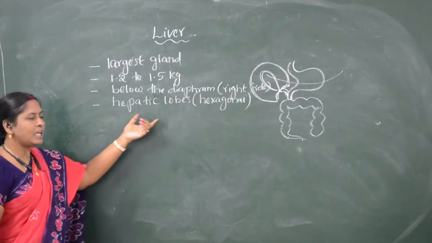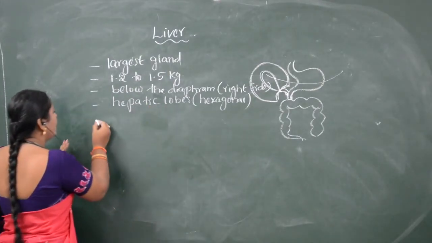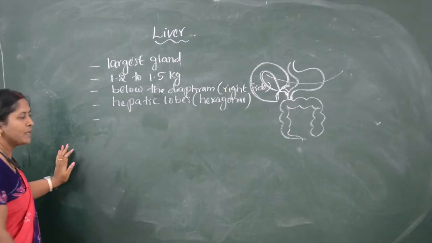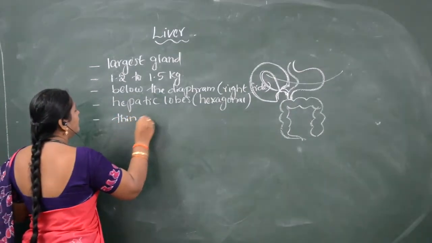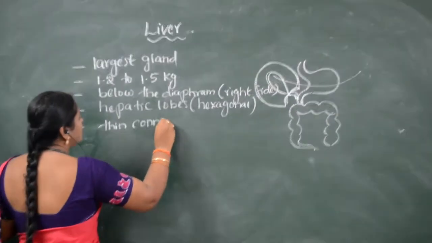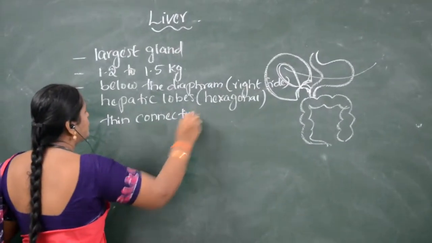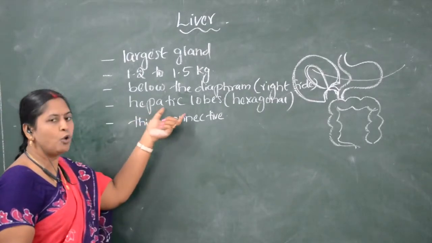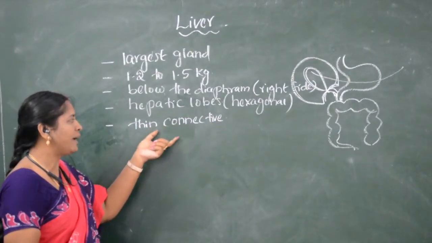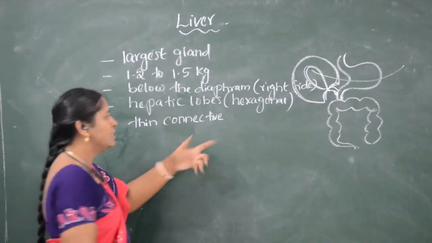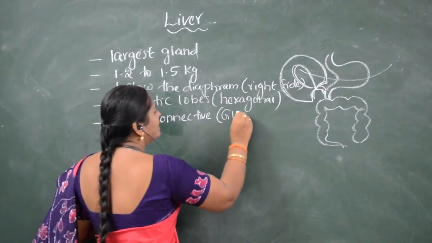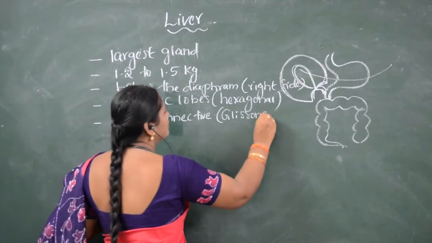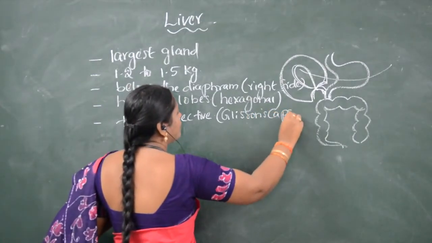This hexagonal hepatic lobe is covered by a thin connective sheath. That thin connective sheath is called Glisson's capsule.